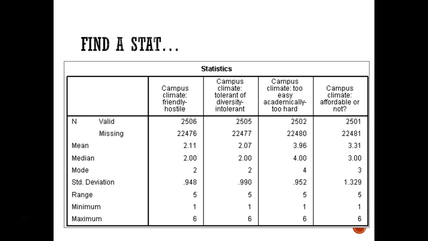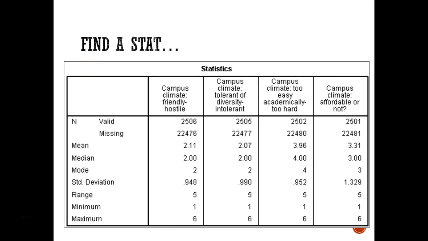In this case, you can see on the left-hand column here, I'm going to try to point that out with the cursor, the mean and median and mode are listed over here, along with things like the standard deviation or the dispersity, the range, and the minimum and the maximum. So if we're looking at this printout, I want you to be able to see where these different measures of central tendency are.